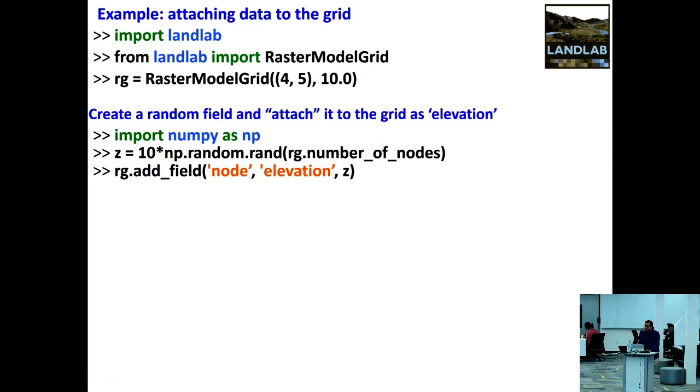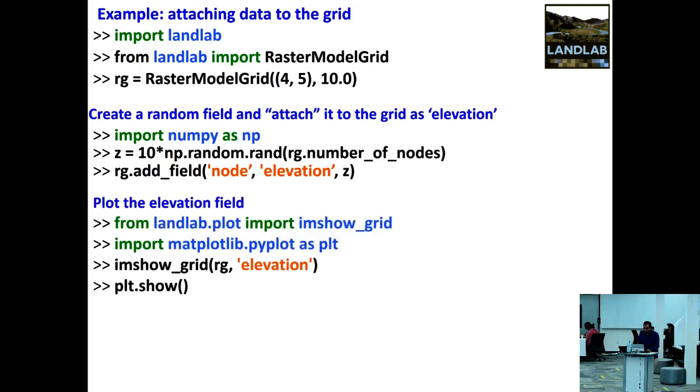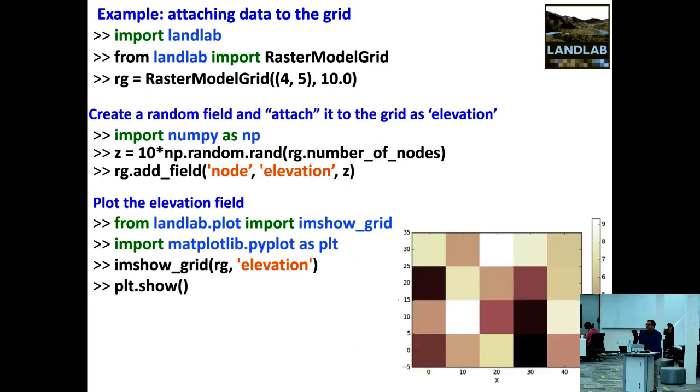So a NumPy array that is as long as the number of nodes is created and attached to the grid. You can plot this. To plot, we can use one of the Landlab plotting utilities called imshow_grid, which takes in the grid object as an input, and the field name, which is a string. You can look at that on the bottom right.